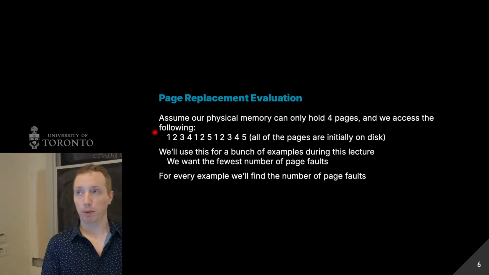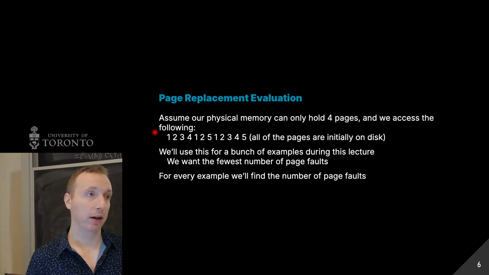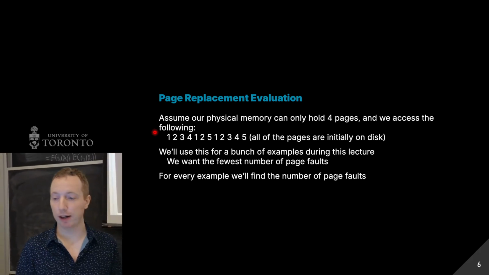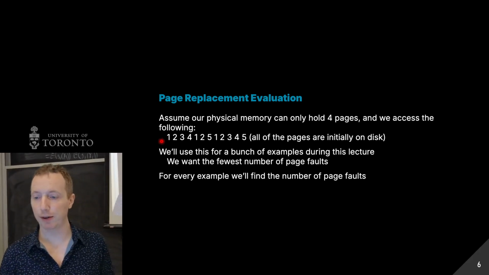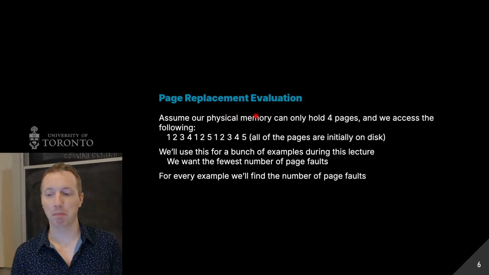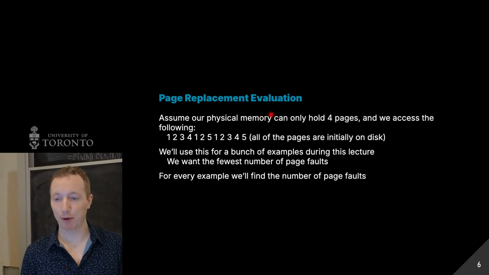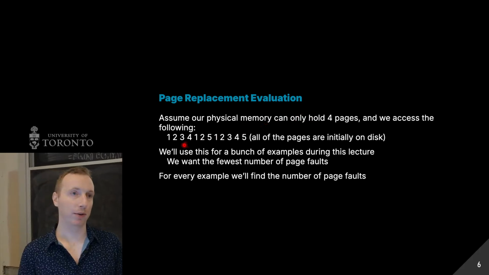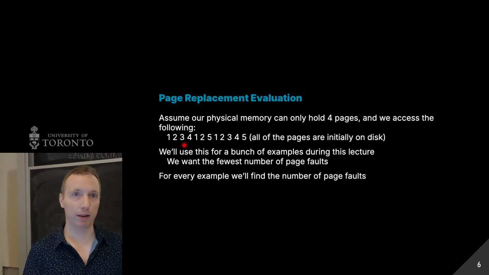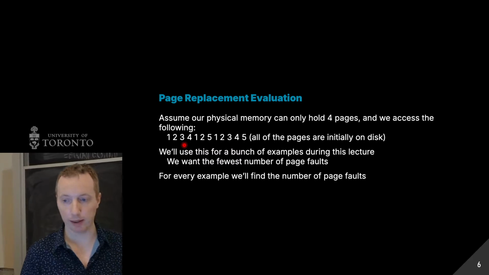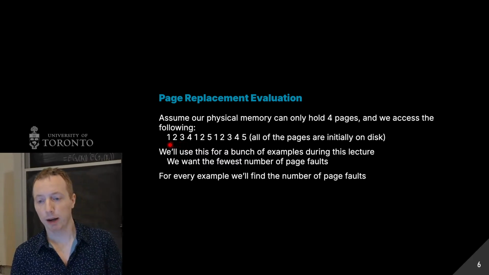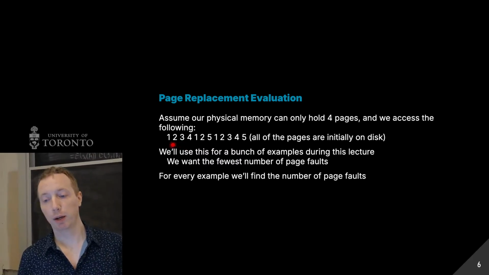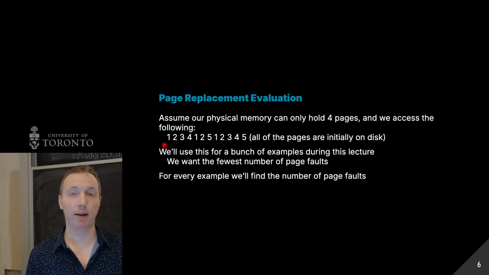So we have to assume our physical memory size in order to actually do these algorithms. We'll just make it laughably small. So assume our physical memory can only hold 4 pages. And then we access the following. So these are unique numbers for pages. So we have pages 1, 2, 3, 4, and 5, and we access them in this order.